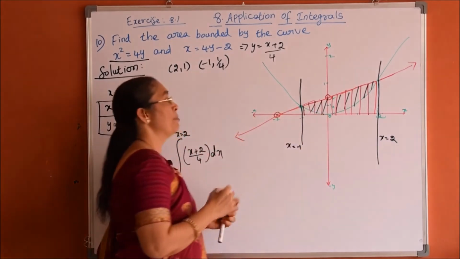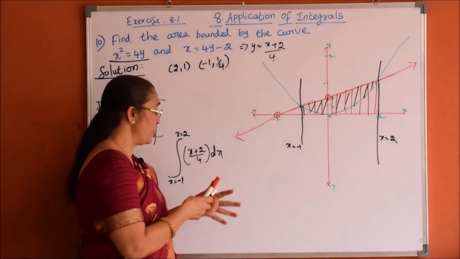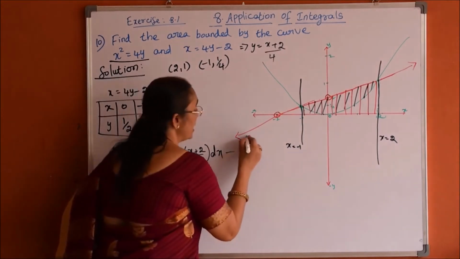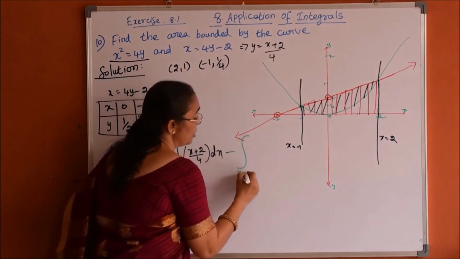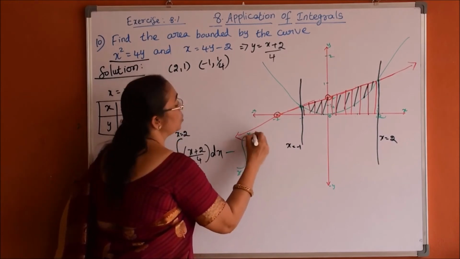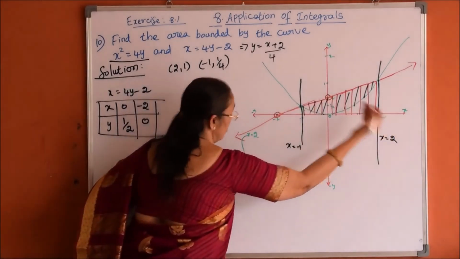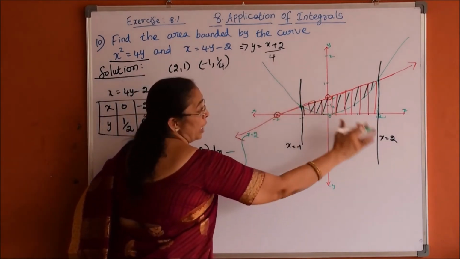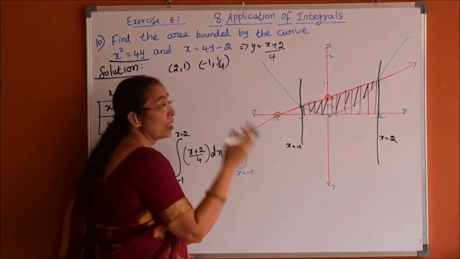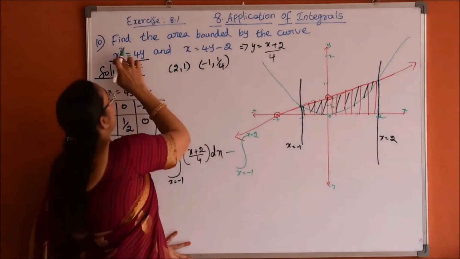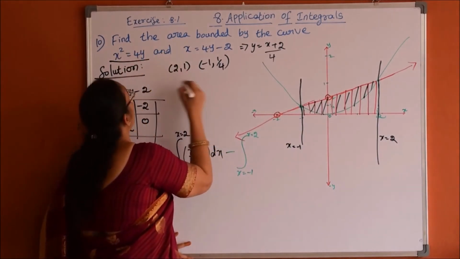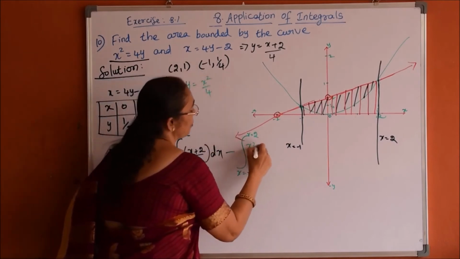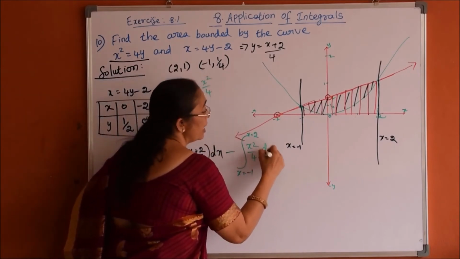Now, from this area I want to remove the area covered by the integration from x is equal to minus 1 to x is equal to 2, covered between these two lines by the curve. The curve is nothing but x square is equal to 4y, or y is equal to x square divided by 4, with the x axis.